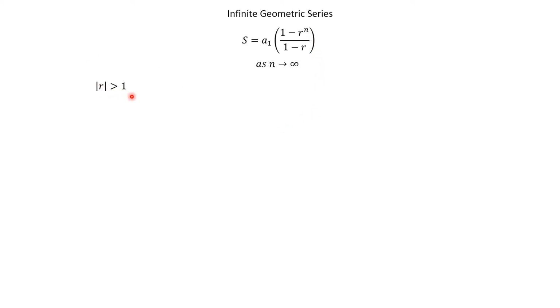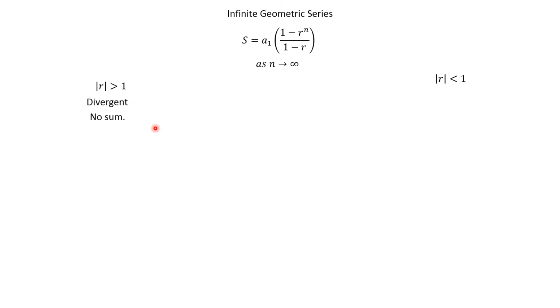Either the absolute value of r is bigger than 1, notice that's absolute value, so it doesn't matter positive, negative, or the absolute value of r is less than 1. If it's bigger than 1, what happens when we take a number bigger than 1 and take it to really, really big powers? That number gets really, really big, and it's called divergent, and it does not have a sum.